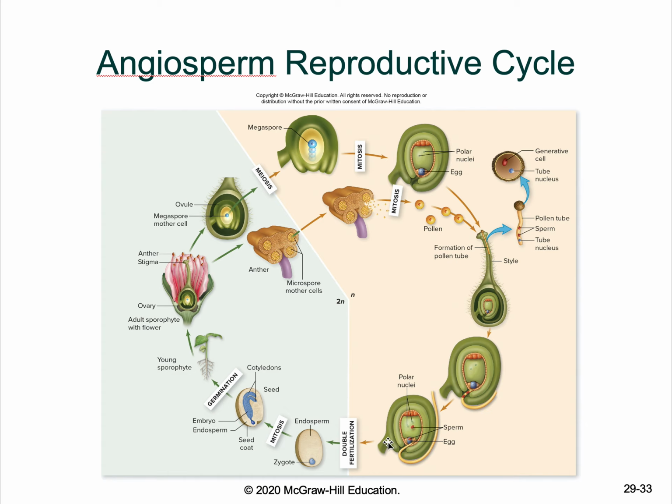There's two polar nuclei, and I can't see them. I guess they're right here, really, really small. So the sperm will fertilize two polar nuclei and create a zygote, which is a baby plant, and then an endosperm.